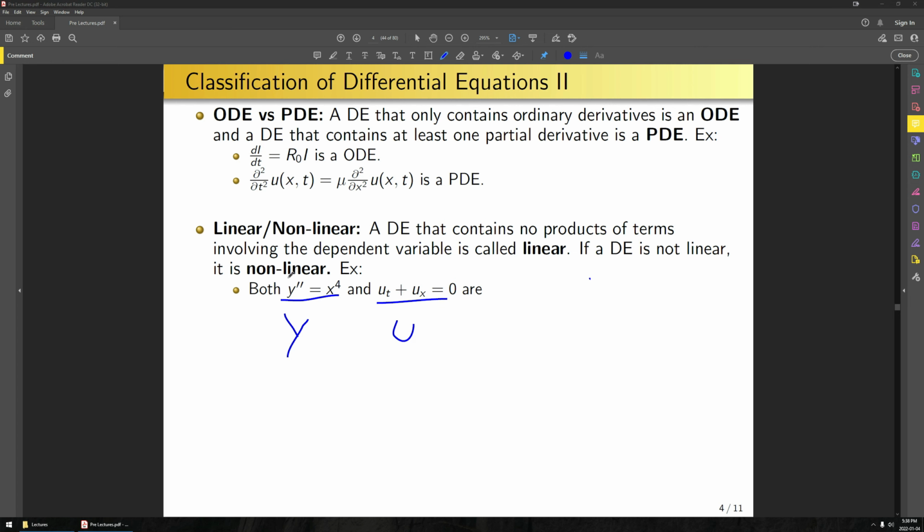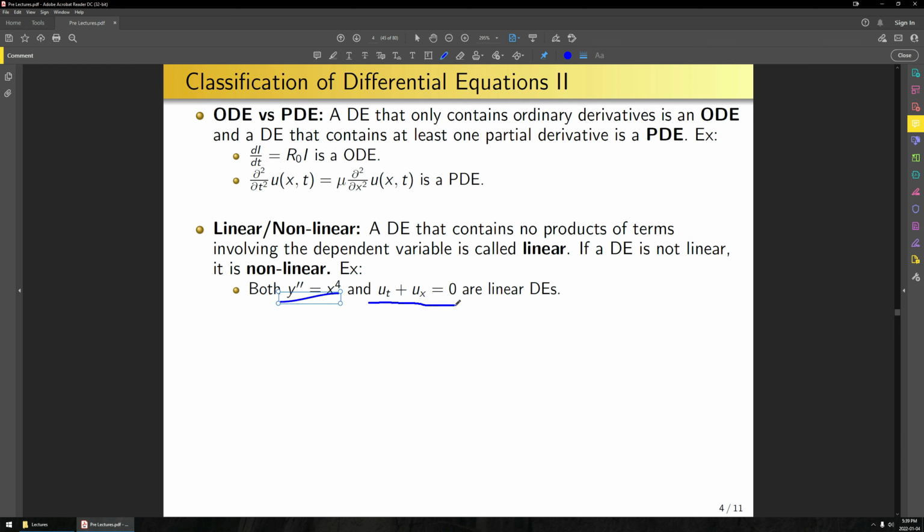Okay, so in the first case, this term here is the only location where y appears, and here I don't have any products of terms involving y, it's just the second derivative. So this will be linear. And on the other hand, here I have this term involves u, and this term involves u, but none of them involve products of u. So both of these will be linear differential equations. This one's an ODE, this one's a PDE.